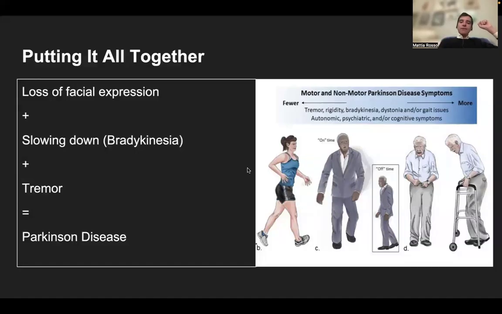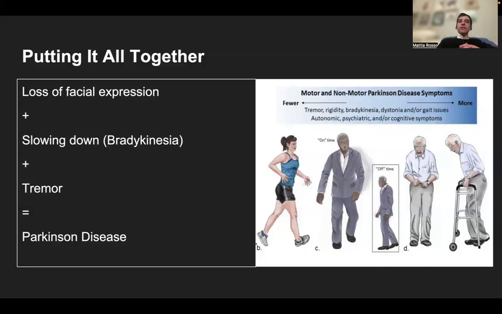To shift the tug of war, you have dopamine driving movement. But if you lose dopamine, the tug of war will be won by the part of the basal ganglia that wants movement to stop. So in Parkinson's, you have degeneration of the area that's producing dopamine, and as a result, less movement.